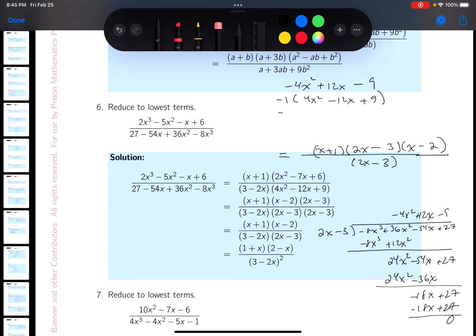This is looking very promising. What do you get? 2x, 3 and 3, minus minus. All right? So let's see if we got that. I got the 4x squared minus 6x minus 6x.